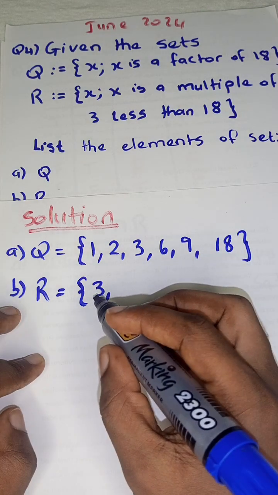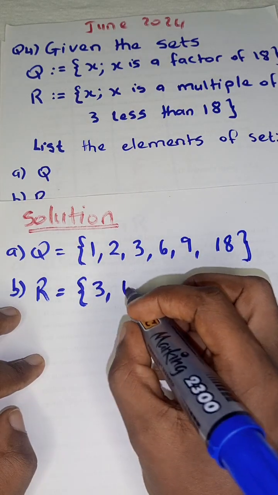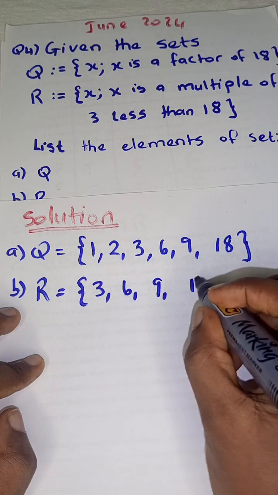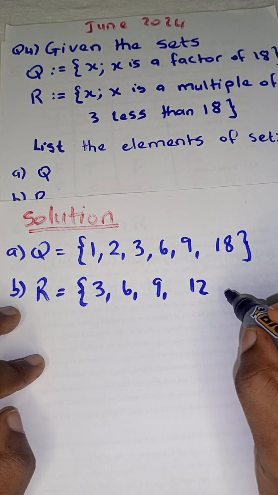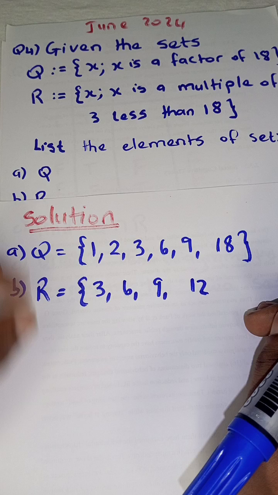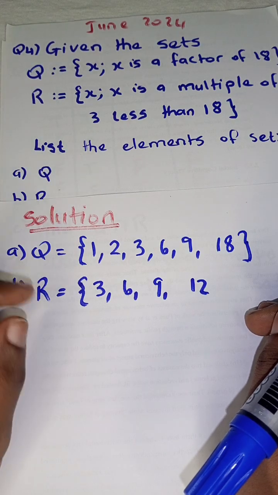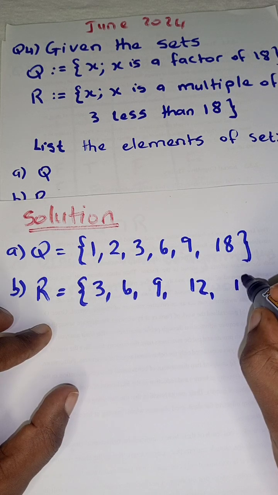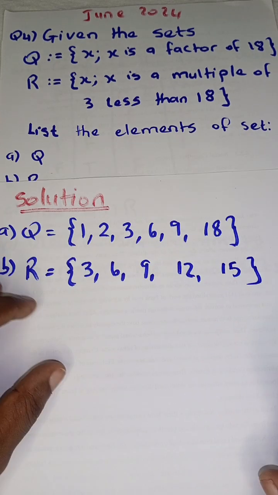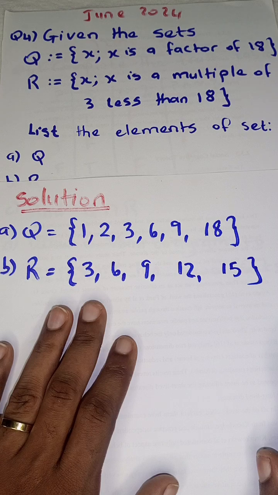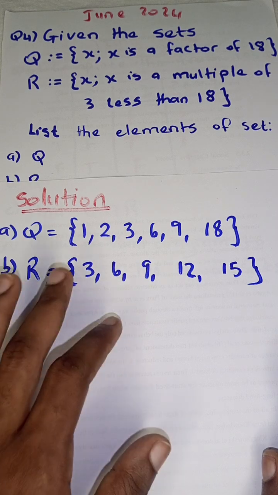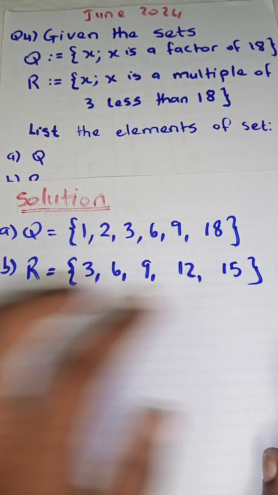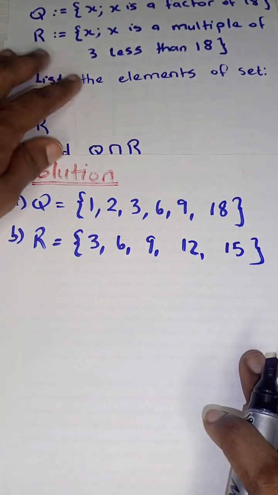So 3, 6, 9, 12. The next multiple will be 18, but the set is defined such that we should end at the multiple which is less than 18, so we end at 15. Multiples of 3 less than 18: we have 3, 6, 9, 12, and 15. And that's it for the B part.